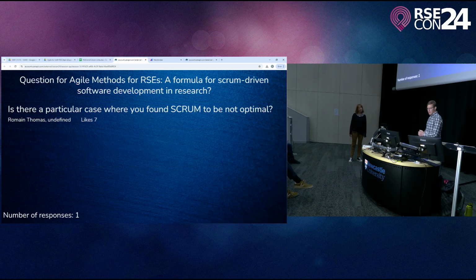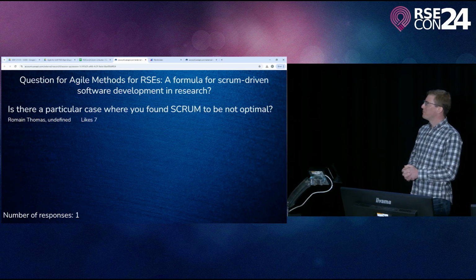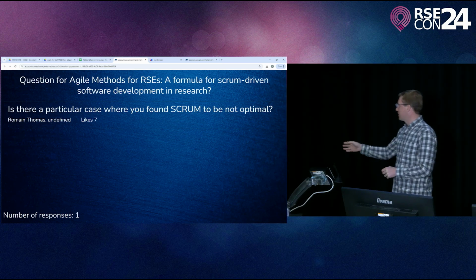A particular case where you found Scrum to be not optimal? So I've got a thought. By all means, chip in.